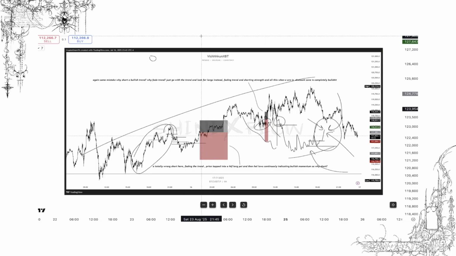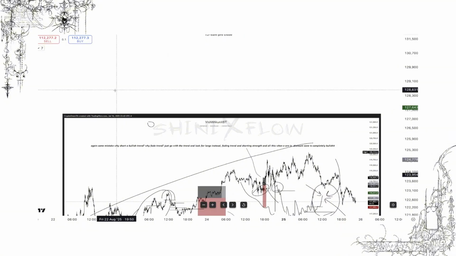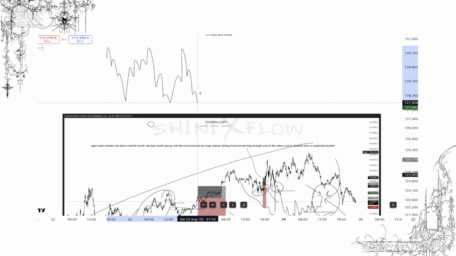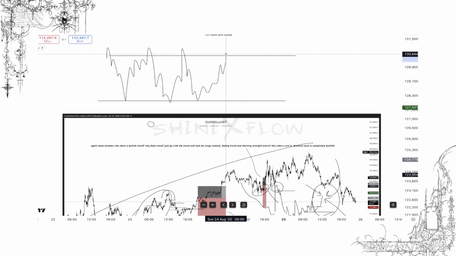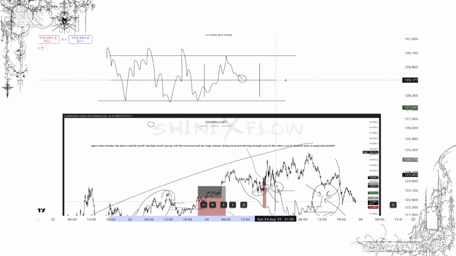But if you don't have the proper levels marked out, you're gonna be confused, because most of the time, let's just say this is what's going on the 15 minute. Price is pretty much chopping, and price is around here. But when you go to the 1 minute chart, only this is visible to you, and this is exactly in the middle, and this is not where you want to be taking trades.